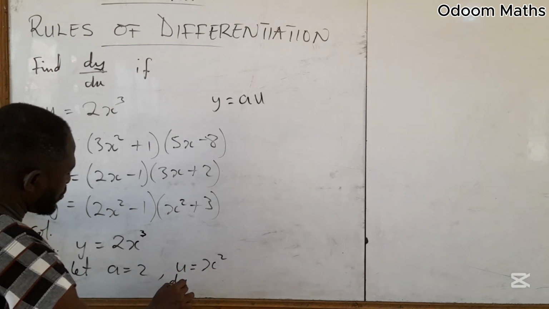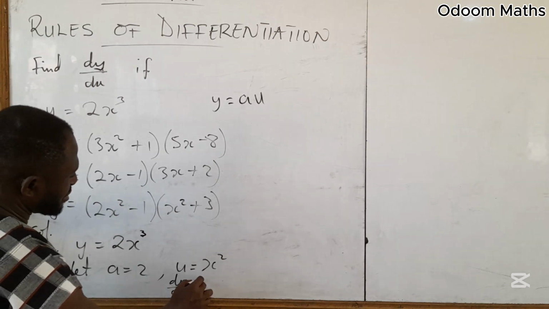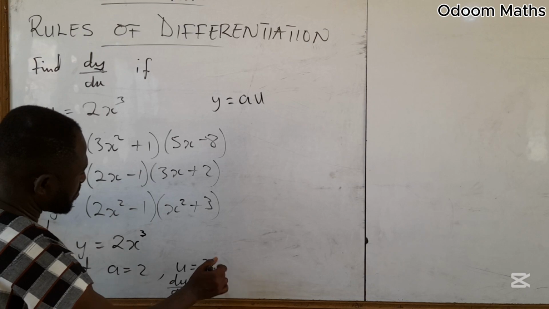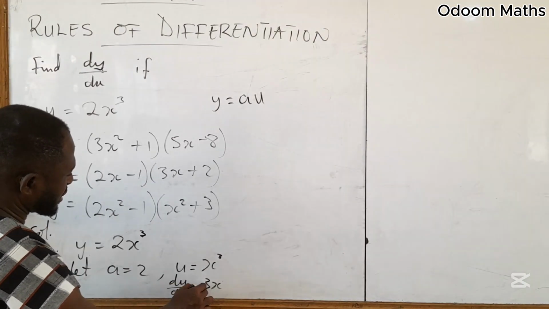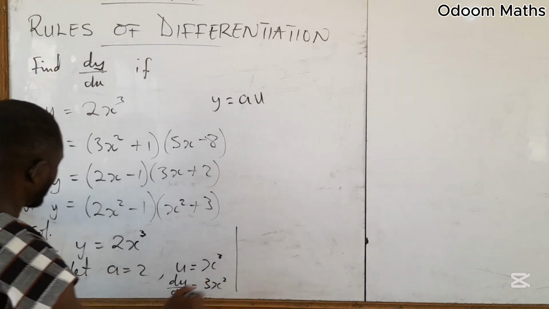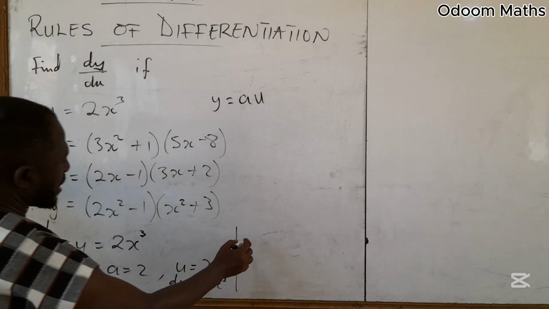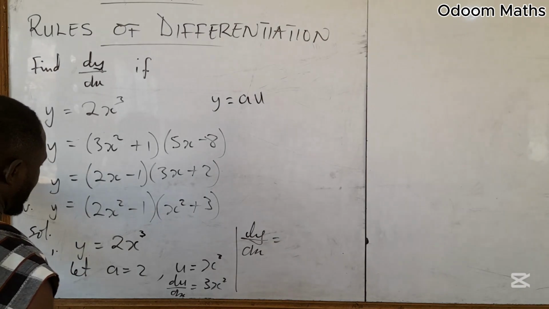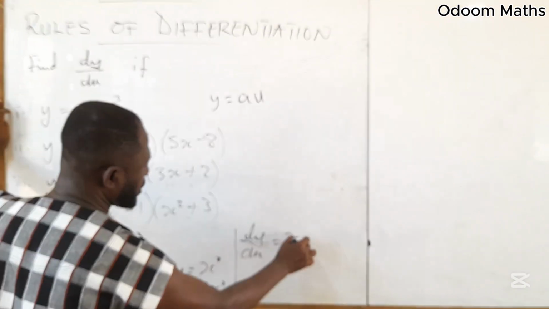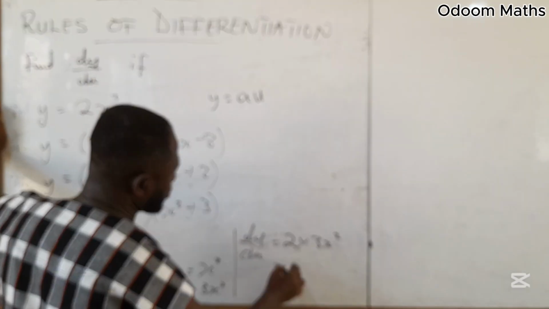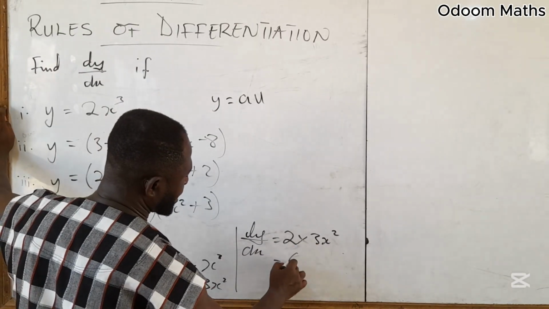So my du dx becomes 3x squared, that is, minus 1 from the power. Then I'm going to multiply the 2. Dy dx becomes, my 2 is there, so 2 times 3x squared. So this and this multiply to be 6x squared.